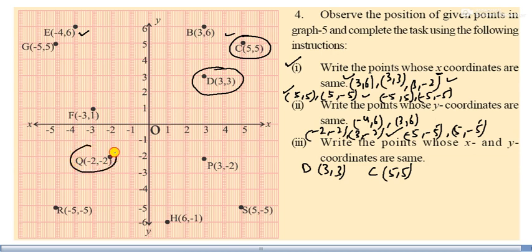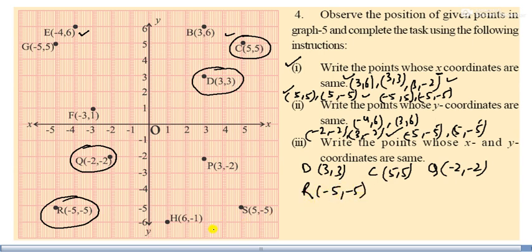It is Q. Q point is (-2, -2), both are equal. And R, both are equal: R is (-5, -5). And you can check any other. No other is equal. So these are the answers of your question.